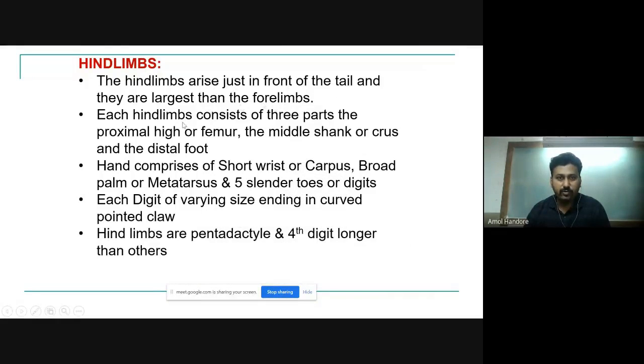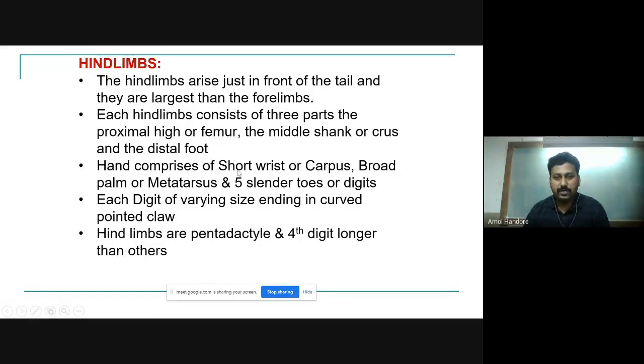We have understood the position of the hind limbs. They consist of 3 parts: the thigh, which is also called the femur; the middle region, called the shank, which is also referred to as the crus; and the distal part of the hind limb, called the foot. So thigh, shank and foot, or femur, crus and foot.